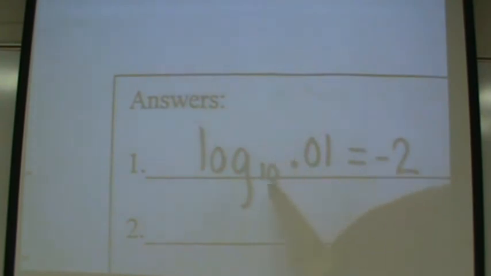You guys got that? Log 0.01 base 10 equals -2. Now, do you need this base 10? No. If it's base 10, you can eliminate it, you didn't have to write that. You could have just written the log 0.01 equals -2.